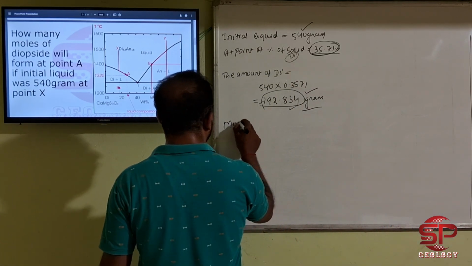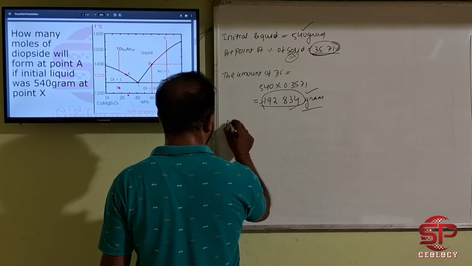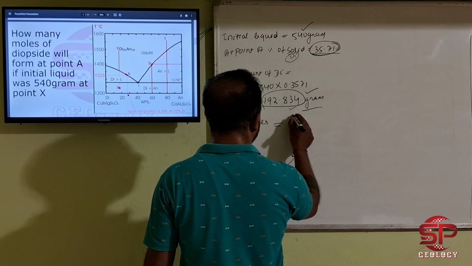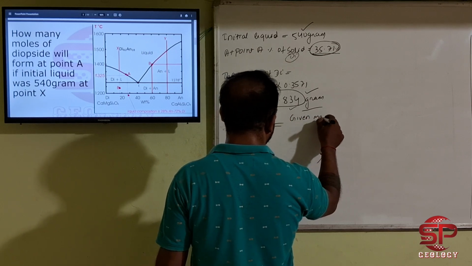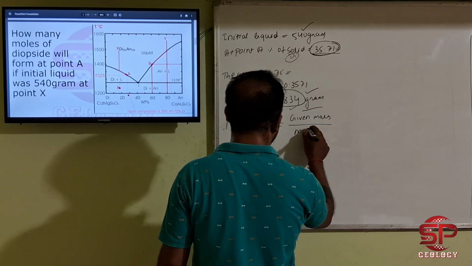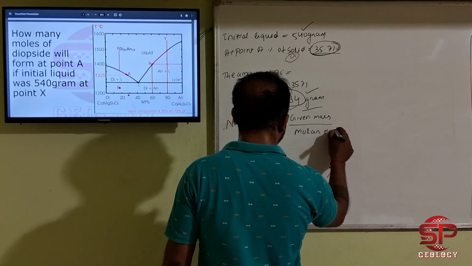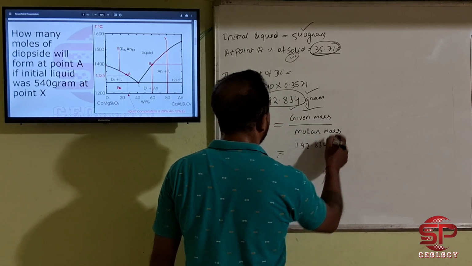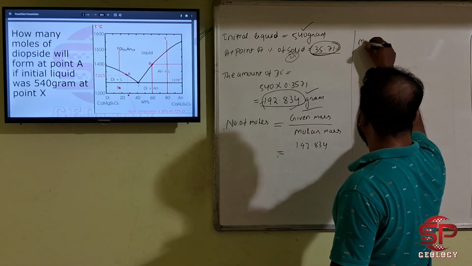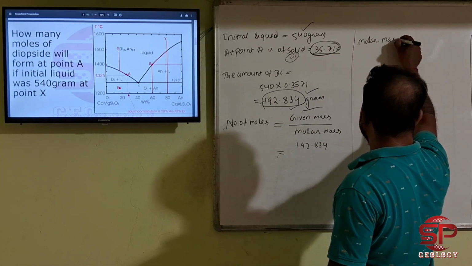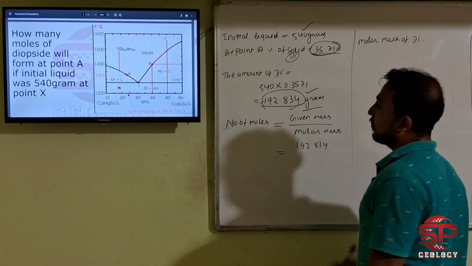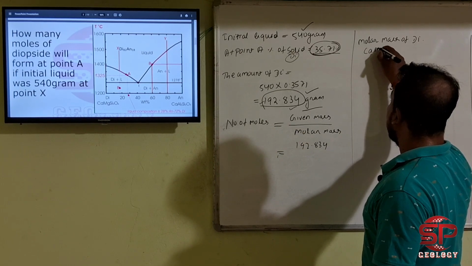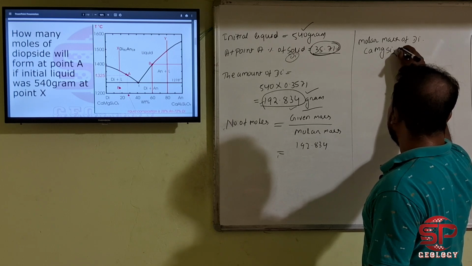The number of moles we can calculate by this formula: given mass divided by molar mass. The given mass is here 192.834. So we have to calculate the molar mass of diopside. We know the composition of diopside, that is CaMgSi2O6.